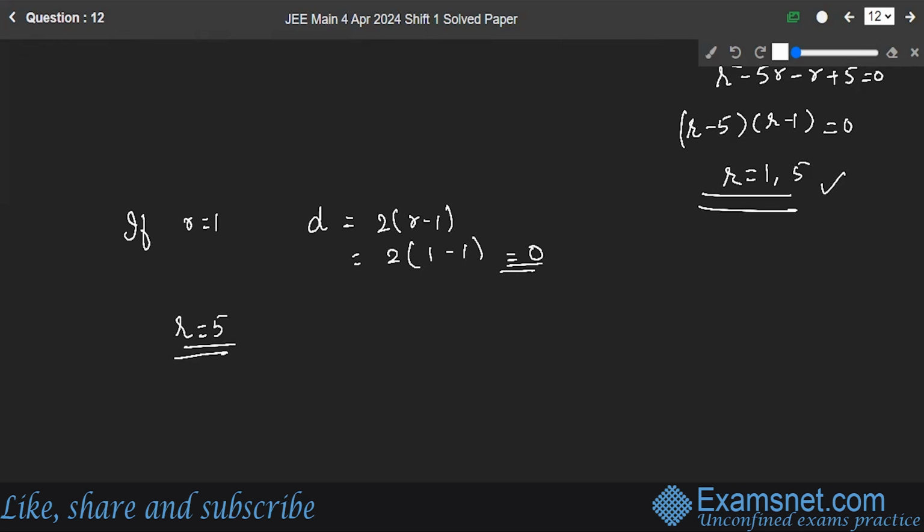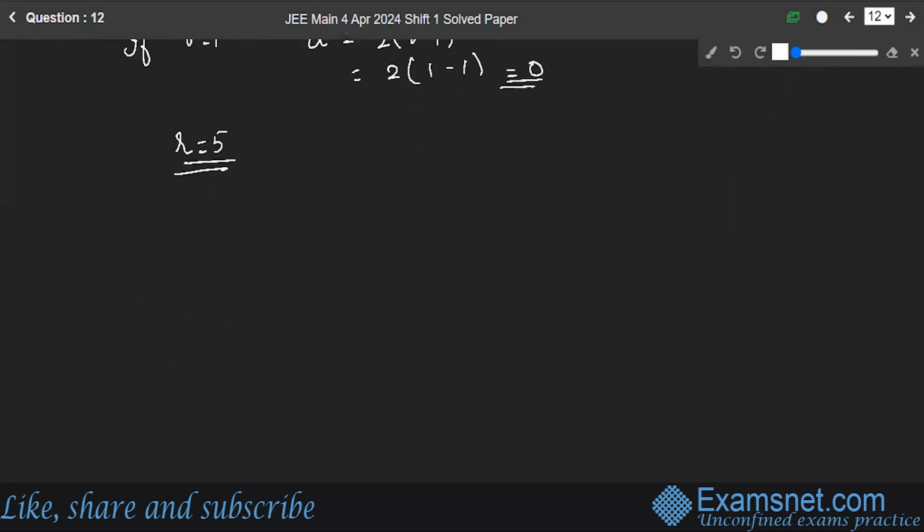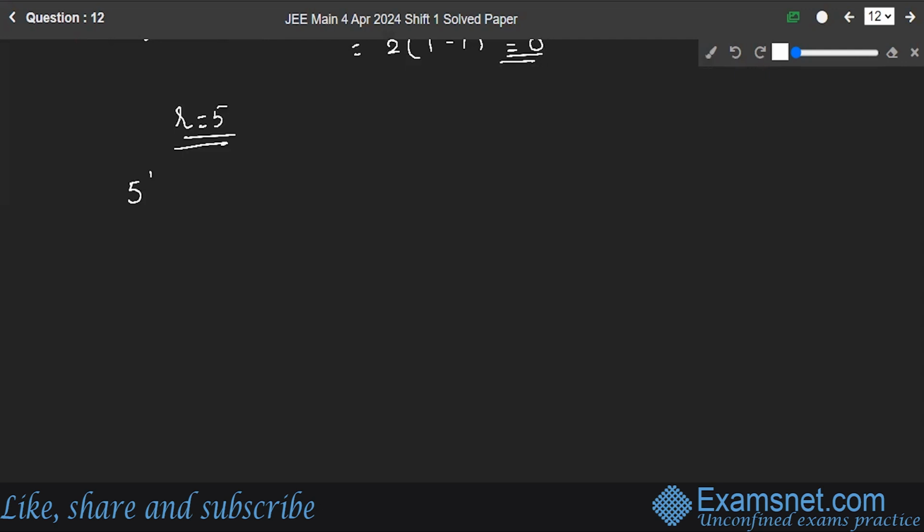So if I take r is equal to 5, then what you have to find out next is, given that the fifth term of the GP is the nth term of the AP. Now, listen to this carefully. Fifth term of GP is equal to nth term of the AP.